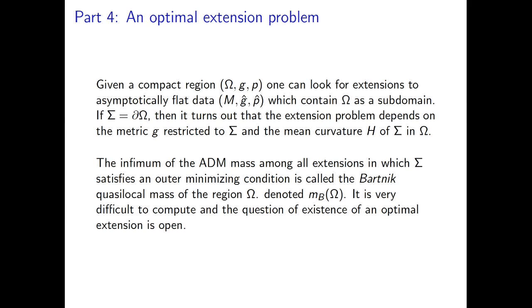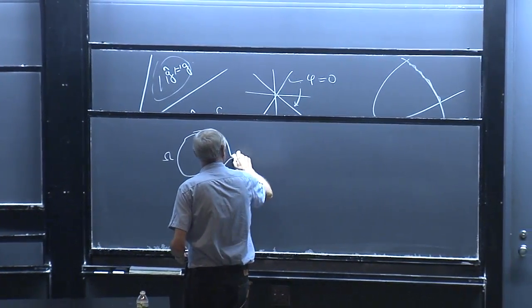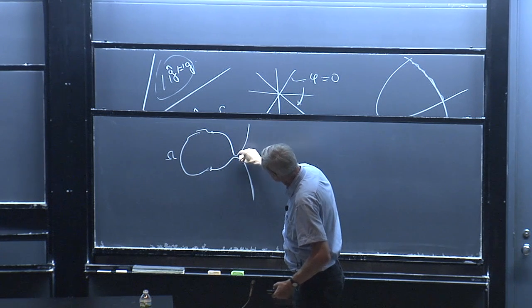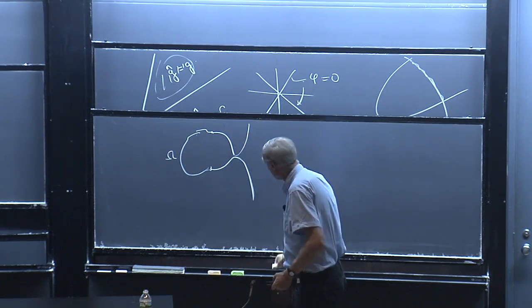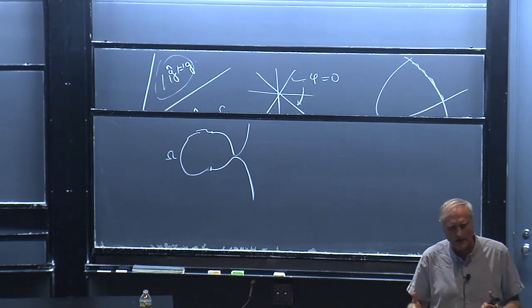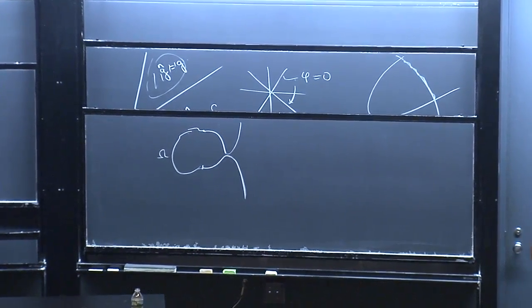Here's my region omega. And then you can do an extension where you put in a very small neck there. So you put in a very small horizon, and you can then make the mass of that metric as small as you want. So it turns out you can always extend it in such a way that you produce this small horizon.